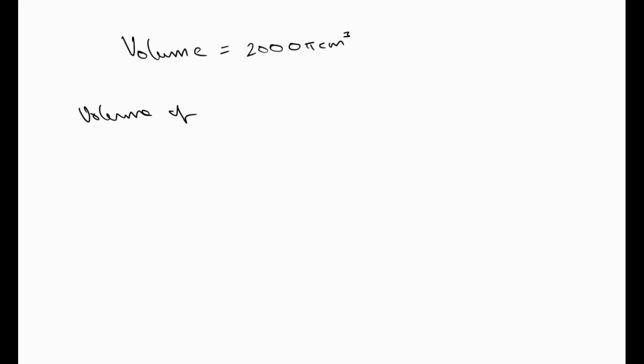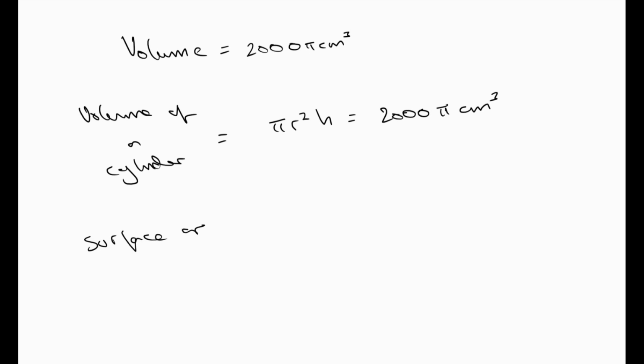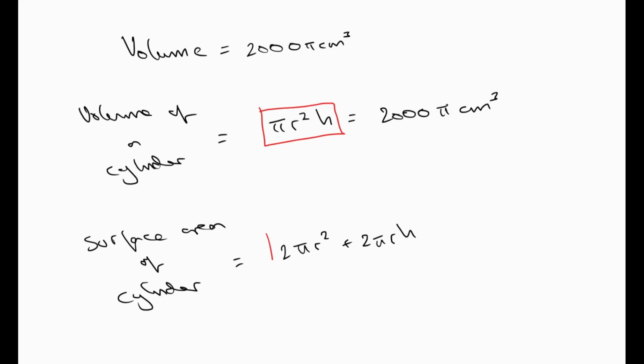So we've understood that our volume is 2000 pi centimeter cubed. Now the volume of a cylinder is equal to pi r squared h, and we set that equal to the volume which we've been given. The surface area of a cylinder is going to equal 2 pi r squared plus 2 pi r h, and I'm going to box those in red to make them pop.